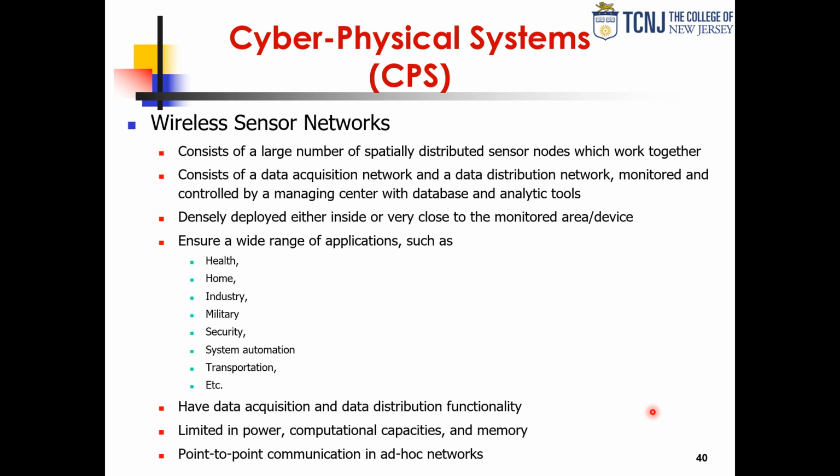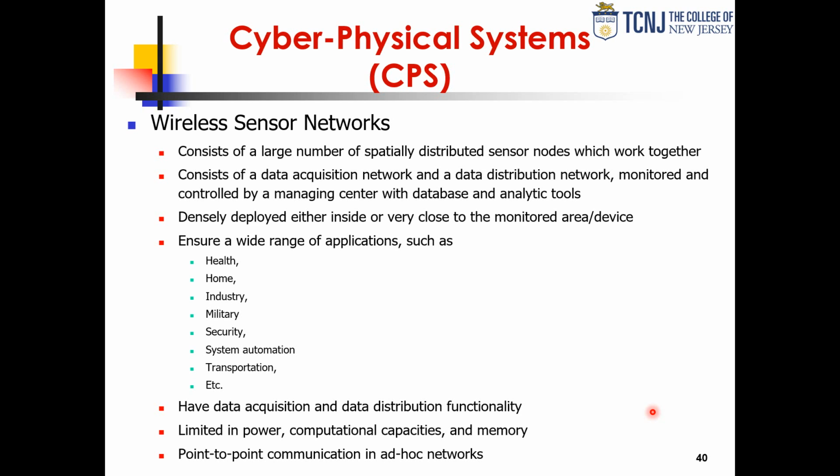So these sensors are going to be doing data acquisition, monitoring of their environment, and also data processing at a certain level, but also data transmission and data procurement so that we can connect to analytic databases and tools.